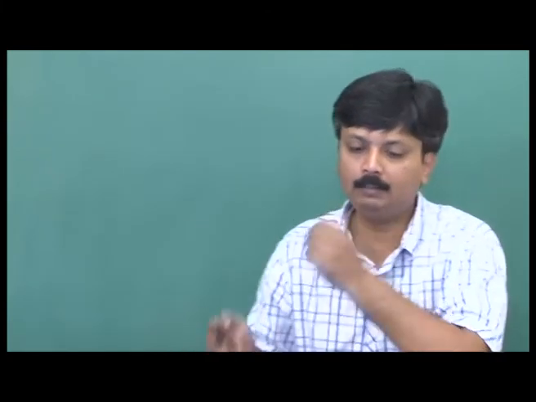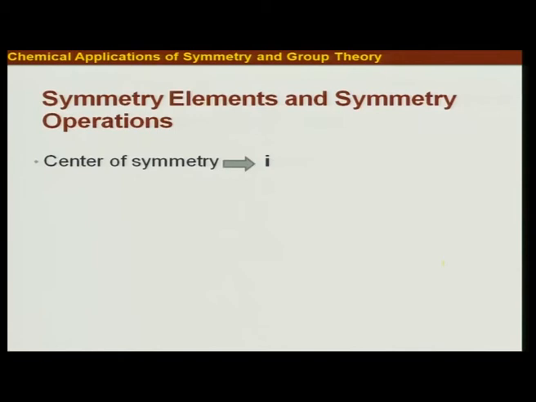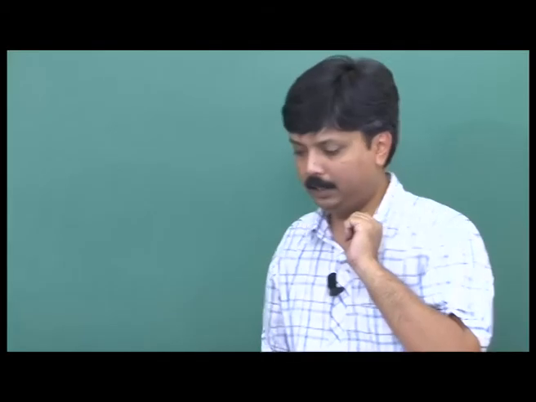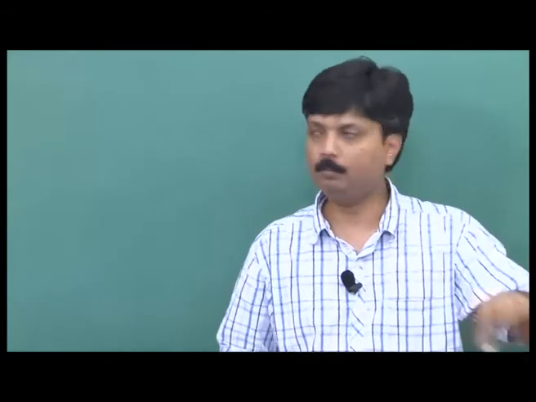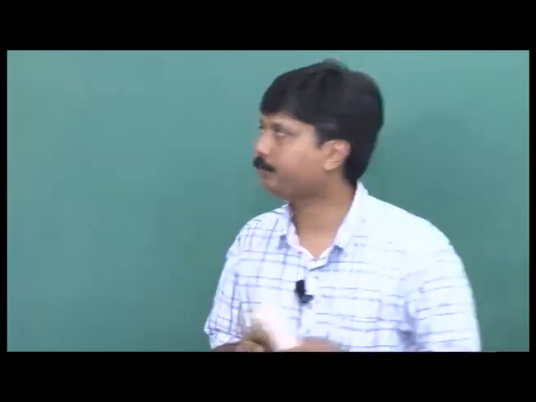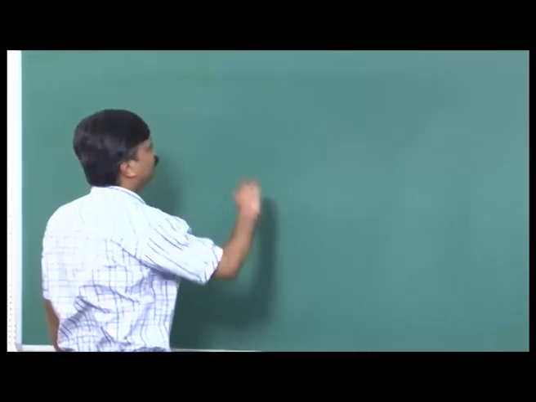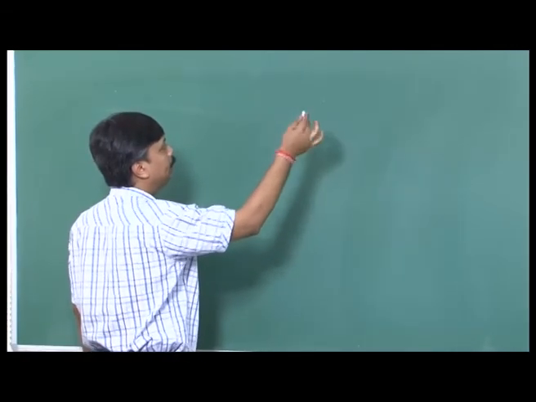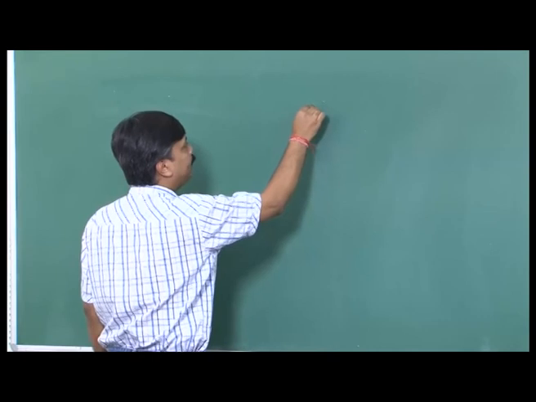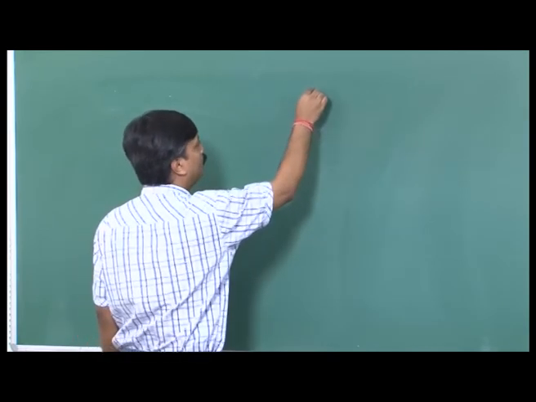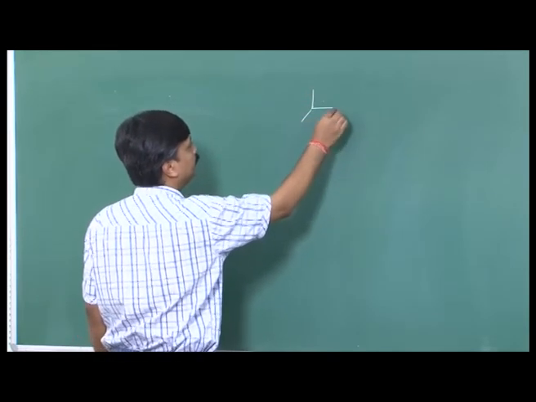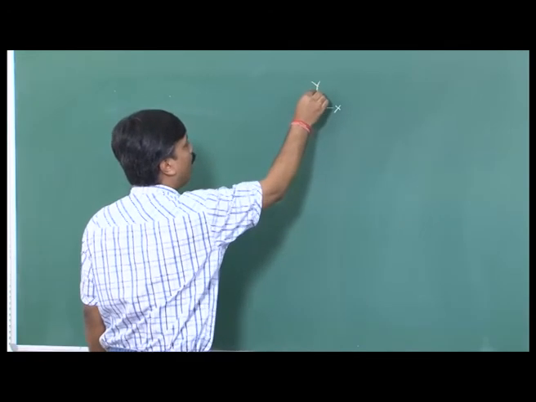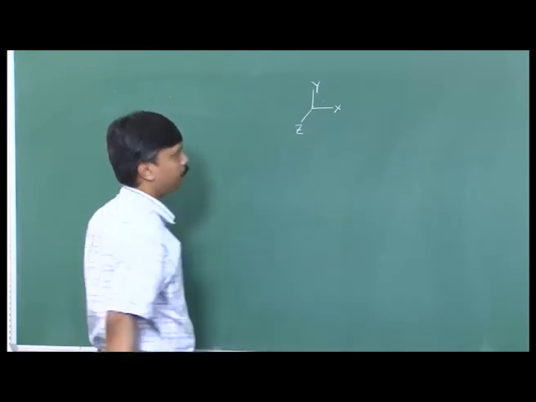Let me try to explain this in a little bit better way. Suppose I use a board here. Suppose this is my space, which characterizes any particular molecule. Now I take a particular point, and the coordinate of that point is x, y and z.